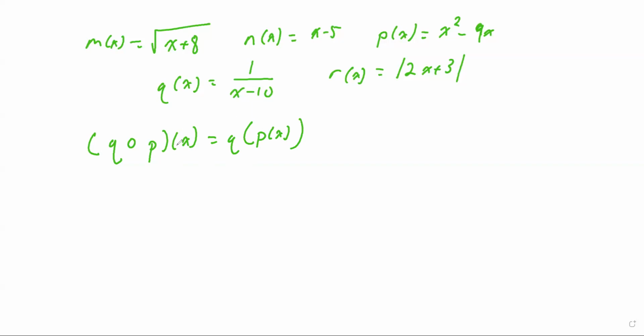So basically, I take this second function and I plug it into the first function. I'll take what P is, which is x squared minus 9x, and I'm going to plug it into the x inside my Q function. So that's going to be 1 over x squared minus 9x, because I replaced x with this, minus 10.